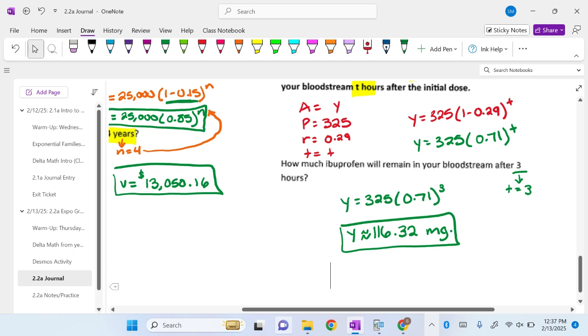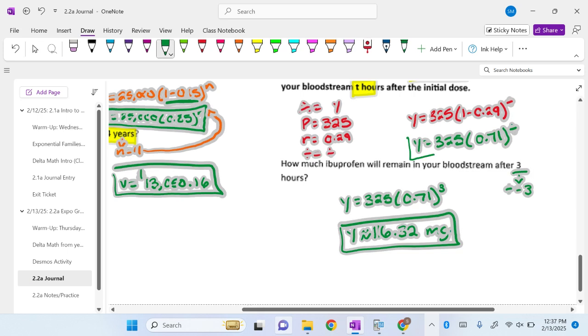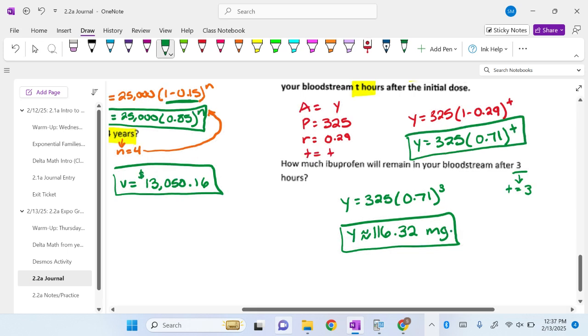Check your answer. And if you round it a little differently than me on that last part, it's okay. As long as you're kind of within range. Because it didn't specify, so. All right. Any questions on exponential growth and decay?